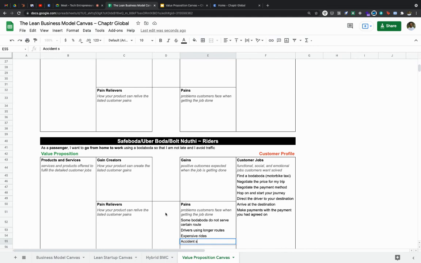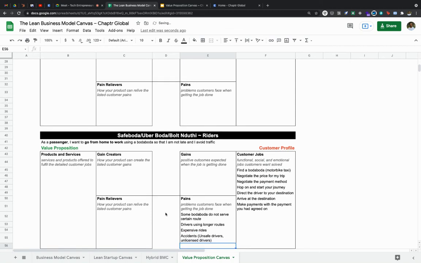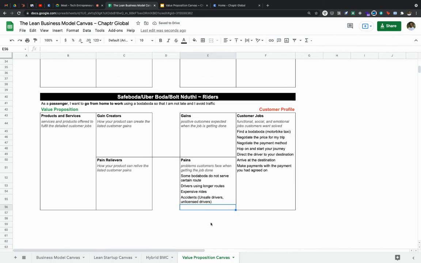How do we avoid accidents? Accidents are mostly caused by unsafe drivers, or let's say someone is unlicensed. What else would cause an accident? Unsafe, unlicensed drivers. Whatever that is, I don't know how we call the motorbike guys.